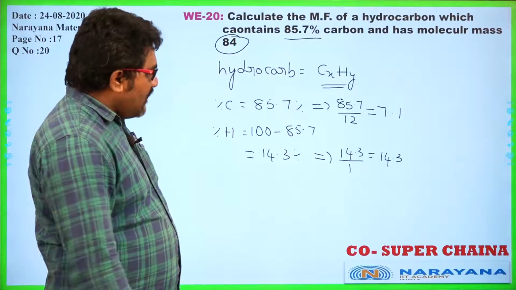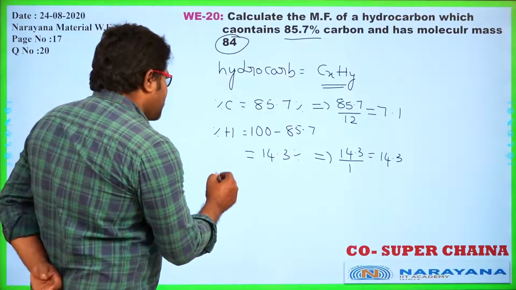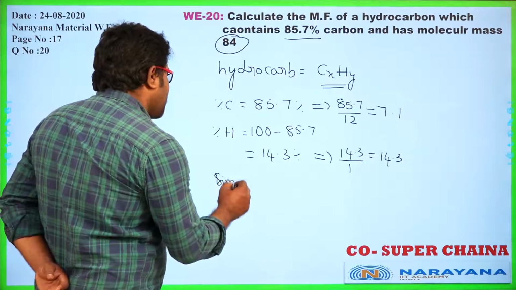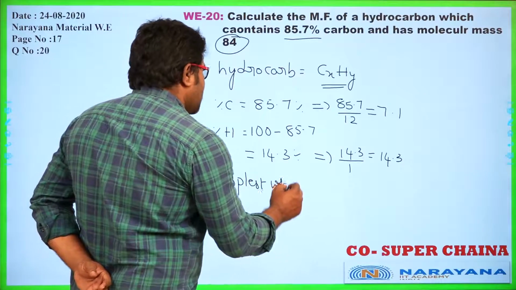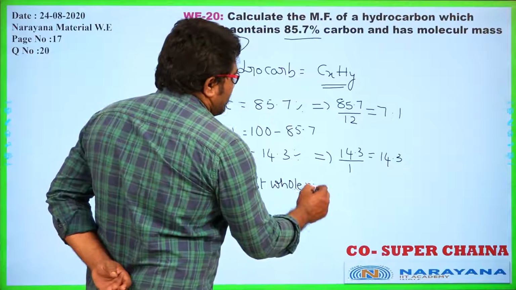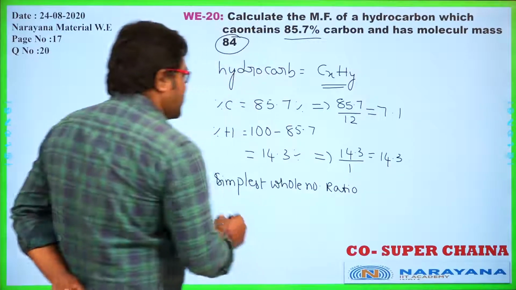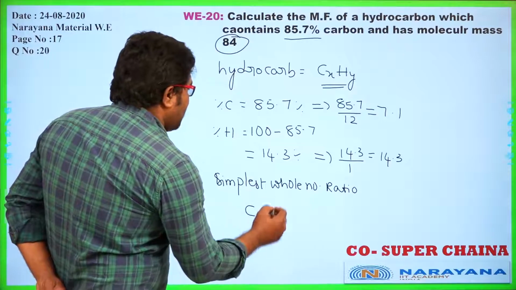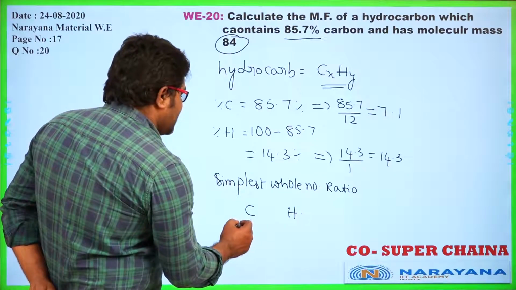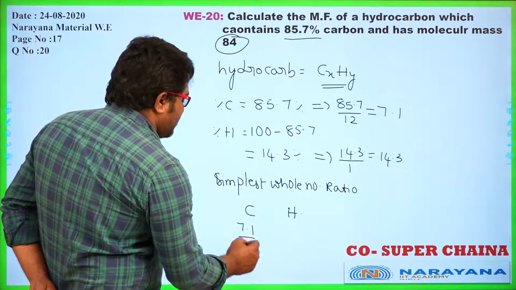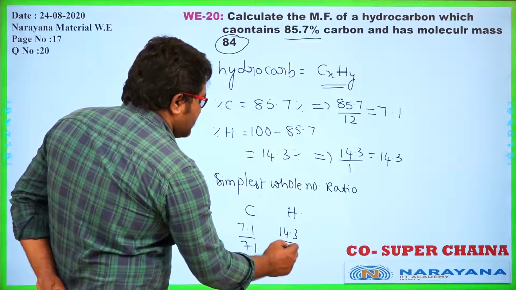Now, the simplest whole number ratio of the two atoms, carbon and hydrogen. Carbon is the least one, so 7.1 by 7.1, 14.3 by 7.1.